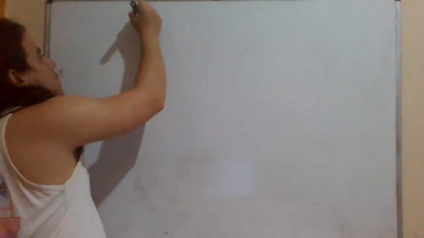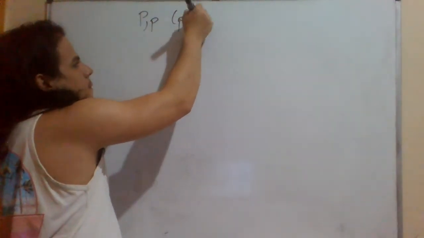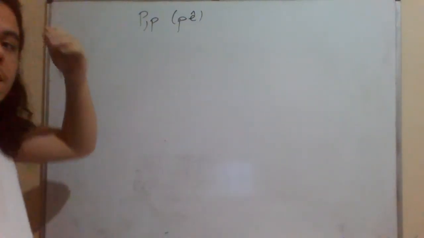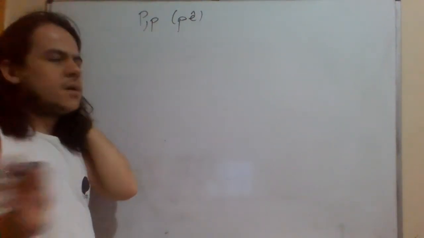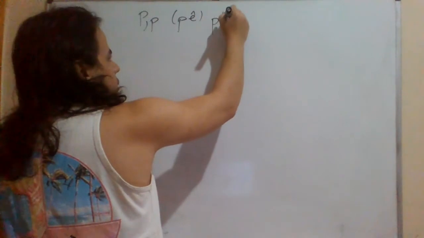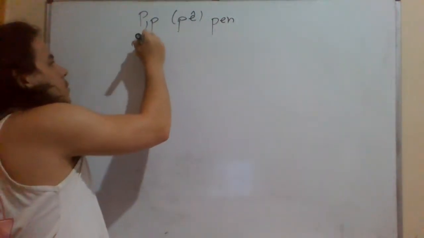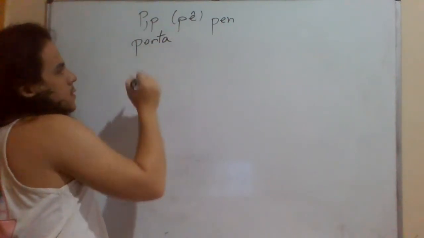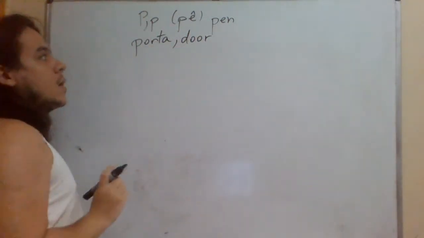Next letter, letter P, in Portuguese is P, letra P. It has the same sound as the letter P in English, as in pen, for example. They sound P. For example, you have the word porta. It means door. Porta.